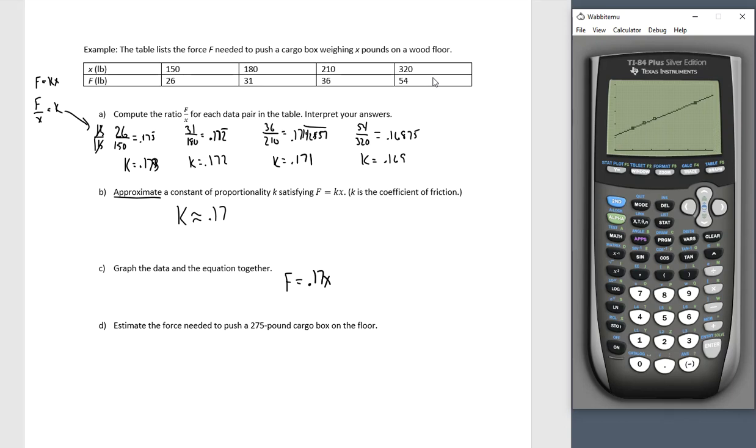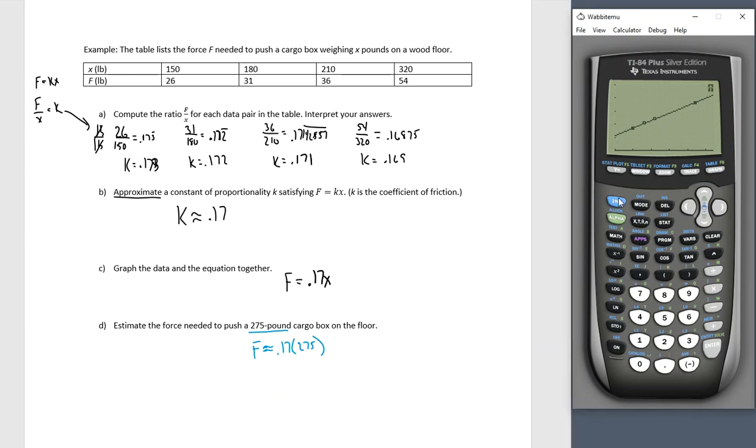So real life data gives us an approximation of an equation, and with this approximation we can estimate the force needed to push a 275-pound cargo box. Our force will be approximately 0.17 times 275.